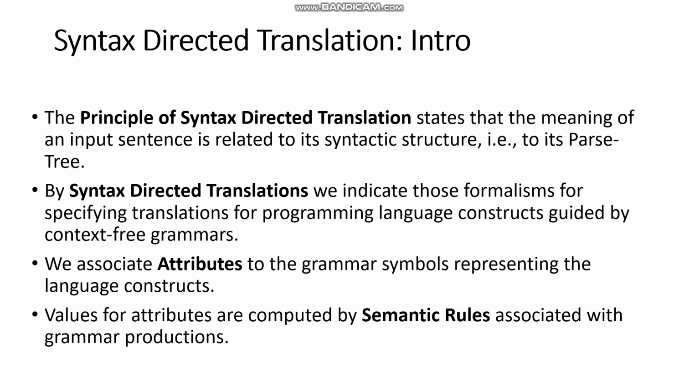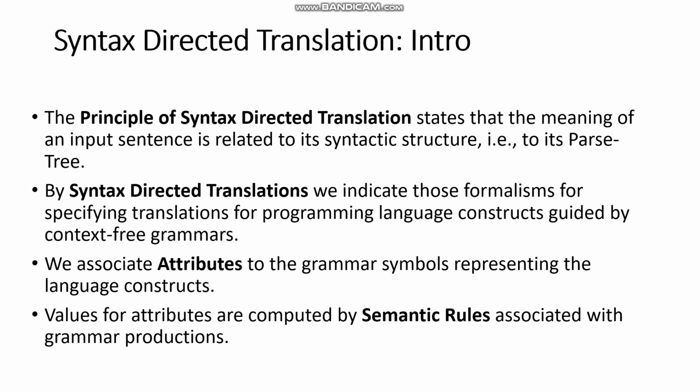Here, what we are getting as an input for this particular phase is the output from the previous phase, that is the syntax analysis phase: a parse tree or syntax tree, and we have to give meaning to that particular tree. So what are we indicating? We are specifying translations for programming language constructs guided by the context free grammar.